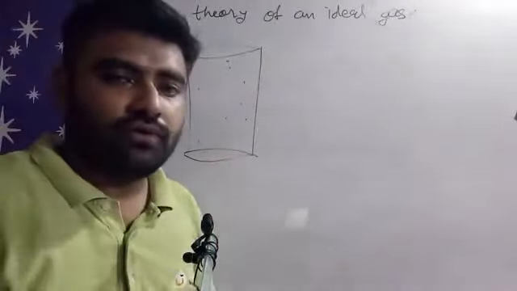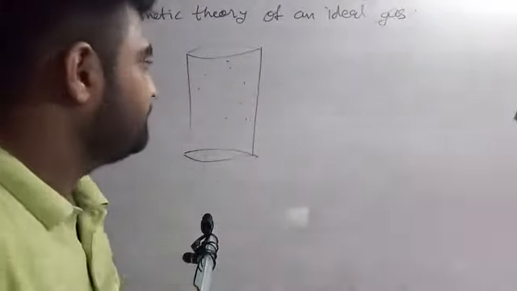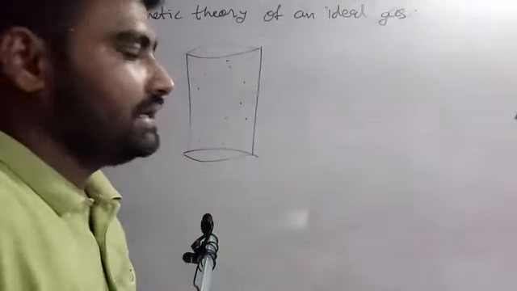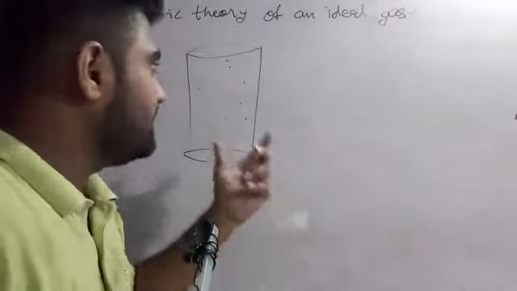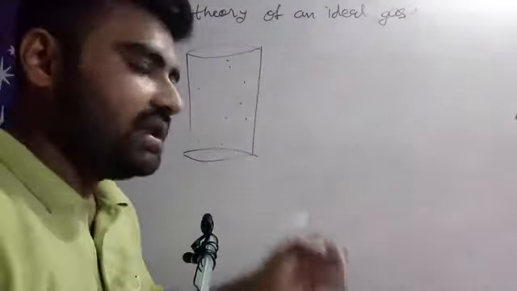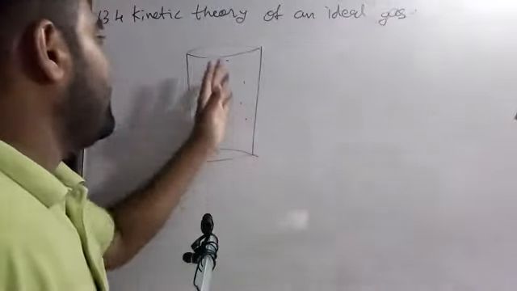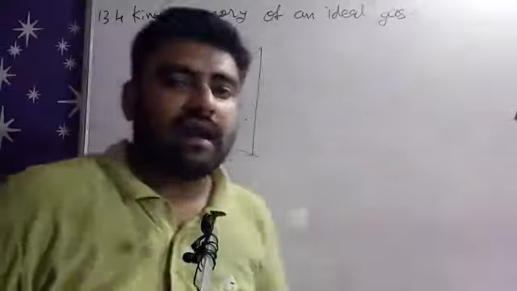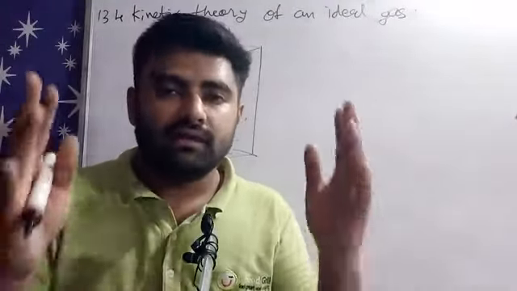But this can't happen because the container is at rest. We just assumed that, but actually the molecules moving to the right-hand side inside this gas are similar to the molecules moving to the left-hand side. The right-hand side motion is equal to the left-hand side motion, both are the same.